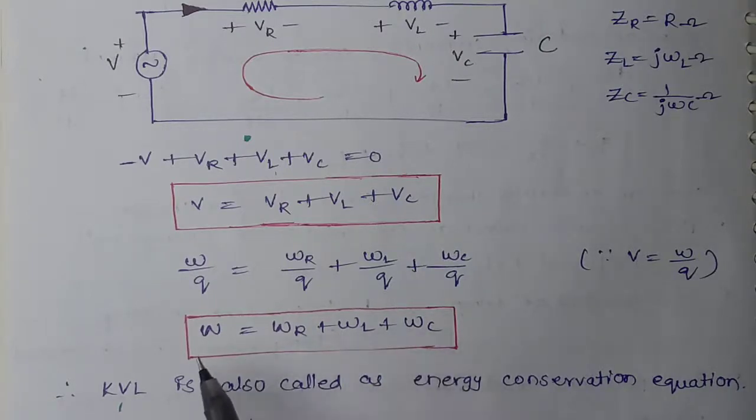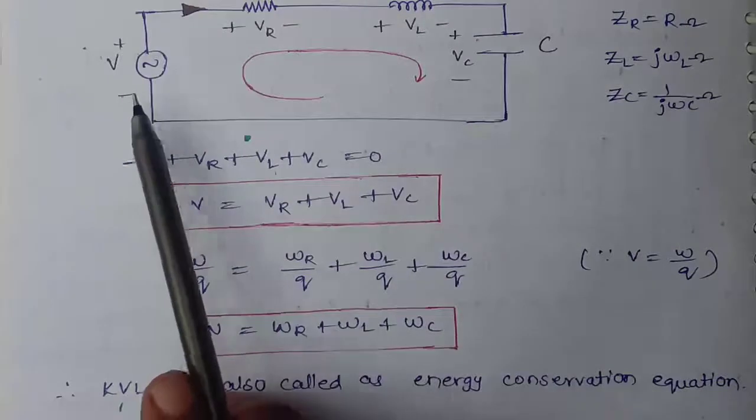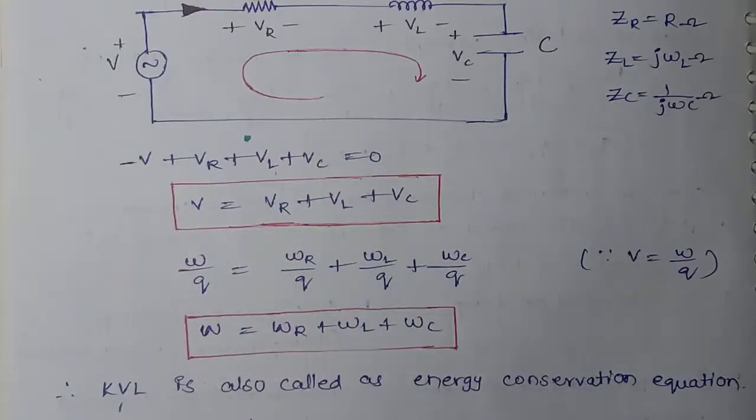This is the total energy, and these are the energy of the resistance, the energy of the inductance, and the energy of the capacitance. The sum of all these passive elements' energy is equal to the total energy. So KVL is also called the energy conservation equation.